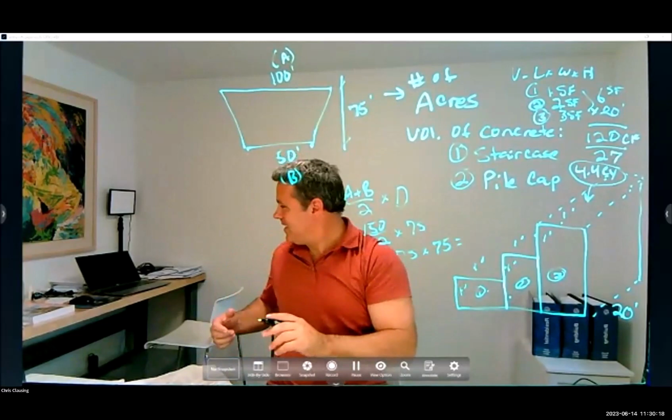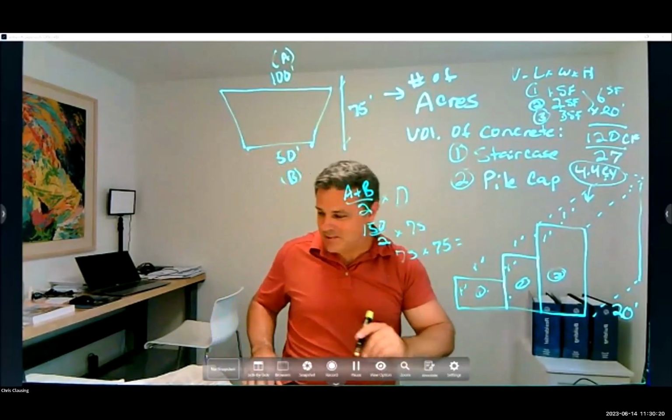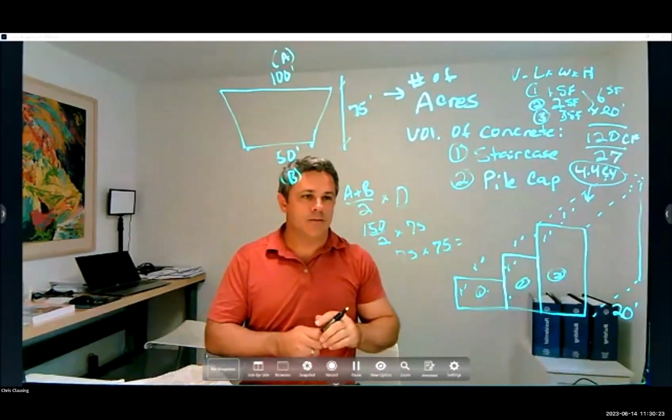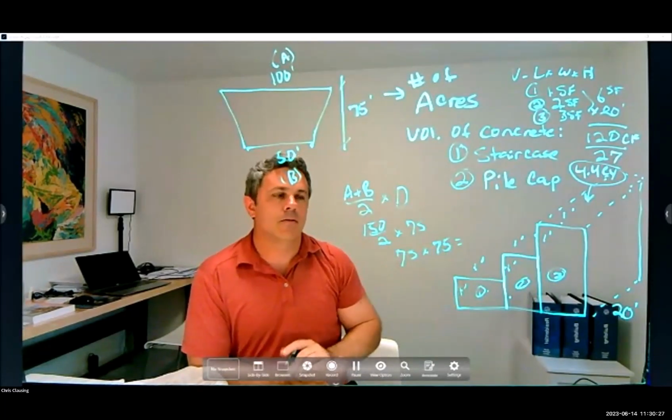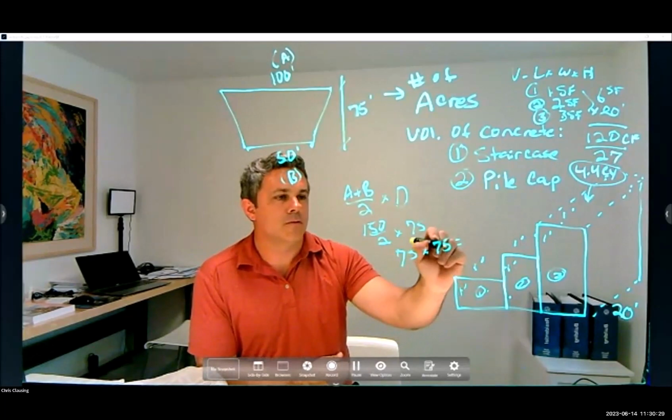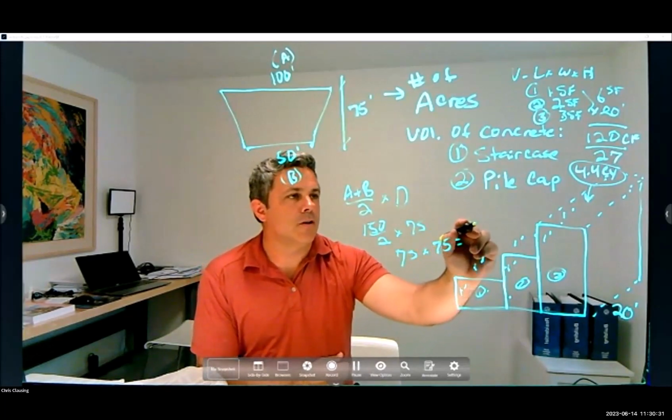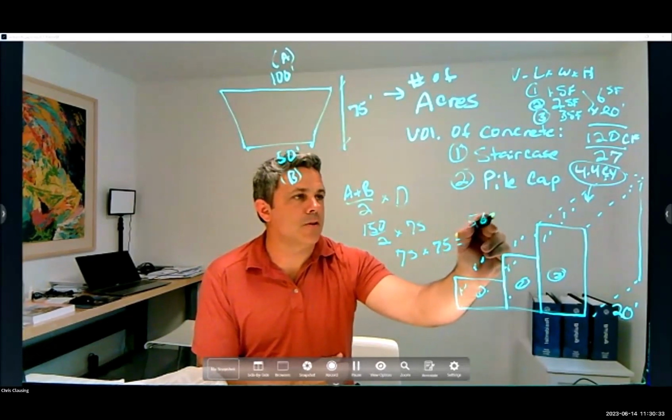I don't have my calculator handy. 75 times 75 is 5625. Perfect.